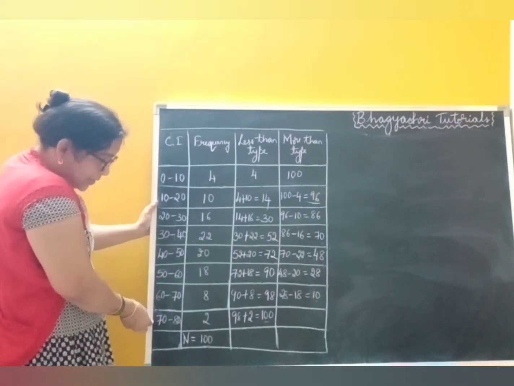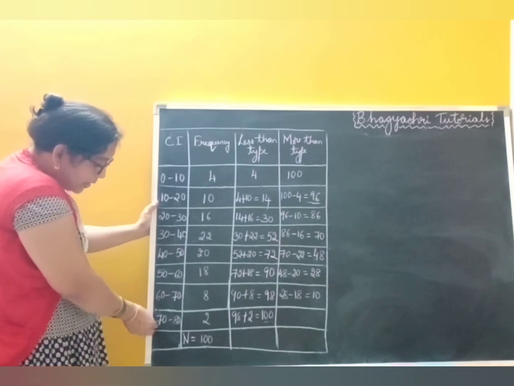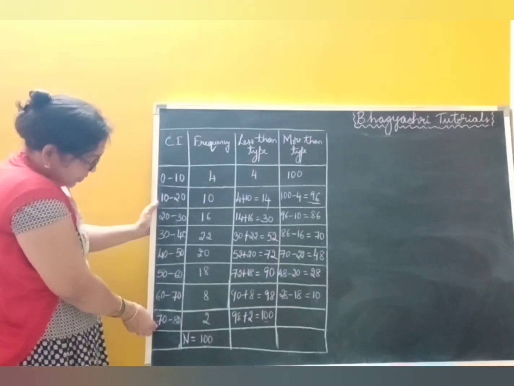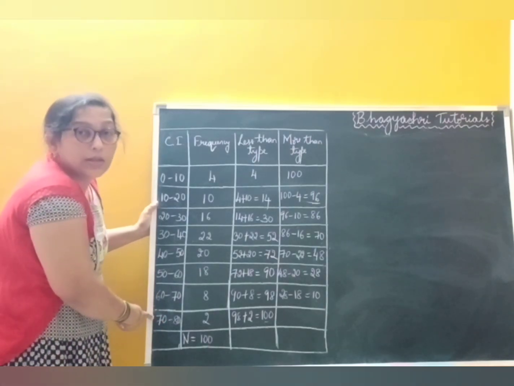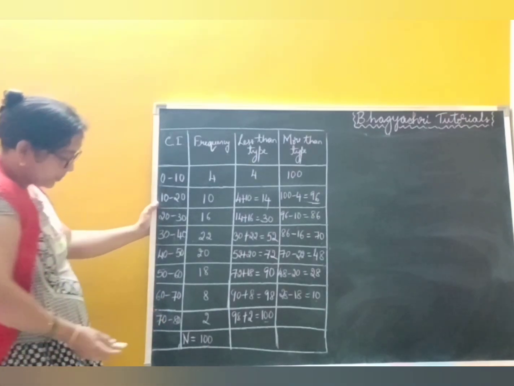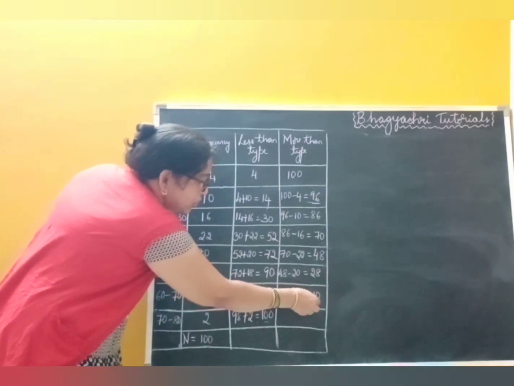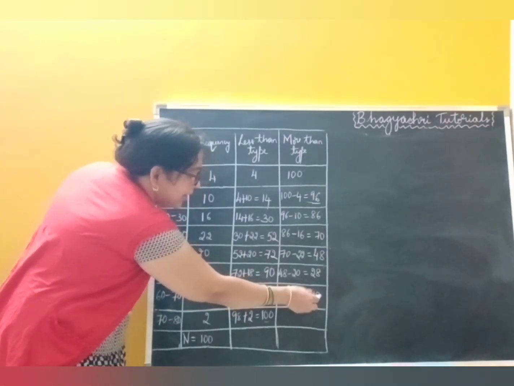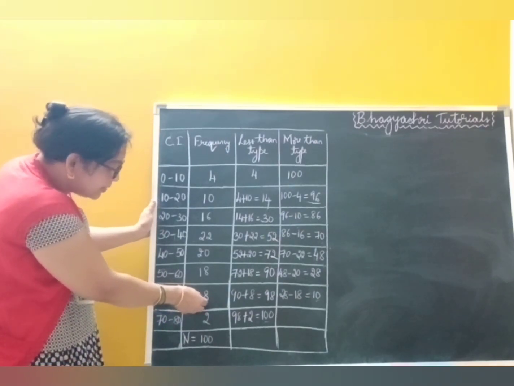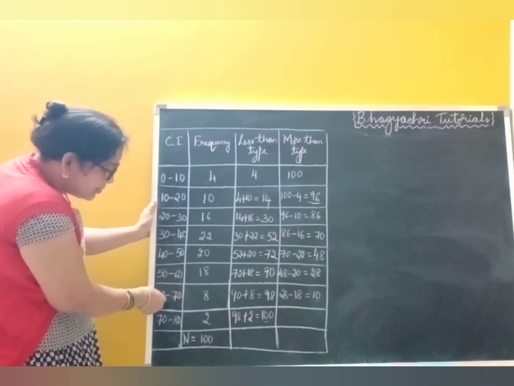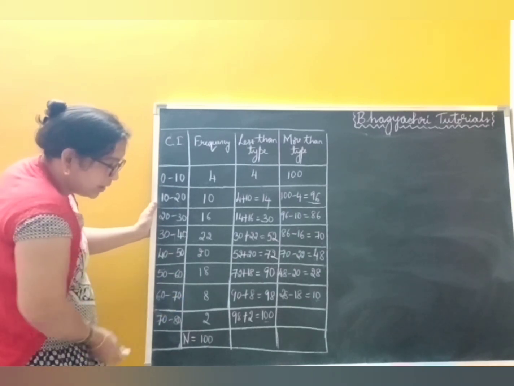Now, let us come to the last one. Last row. 70. Lower limit is 70. So we have to find the number of students who have got more than 70 marks. Here there are 10 students now. Out of these 10, how many of them have got more than 70? Preceding frequency is 8. That means these 8 children have got less than 70, in between 60 and 70.